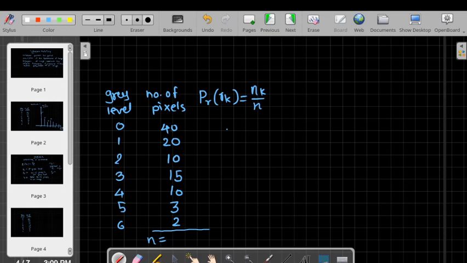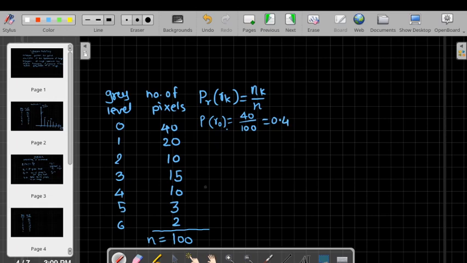If we add all these numbers of pixels, the sum will be 100. So the probability of occurrence for gray level 0 will be calculated as n_k, meaning 40, divided by n, meaning 100, which will equal 0.4.